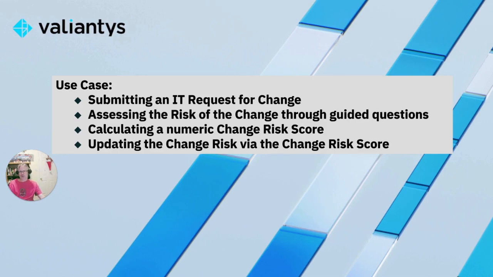And then we use the outcome from that calculation to set the overall change risk for that CR, which of course will very much drive various elements of the change implementation plan that you have in place, such as the rollback plan, etc. So this is the use case, very common, and I'm going to demonstrate to you now how this actually works.